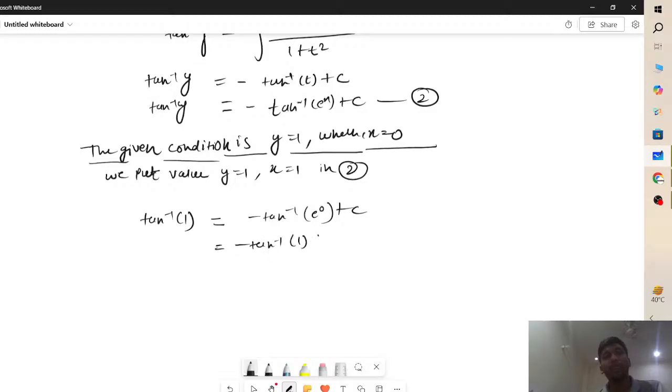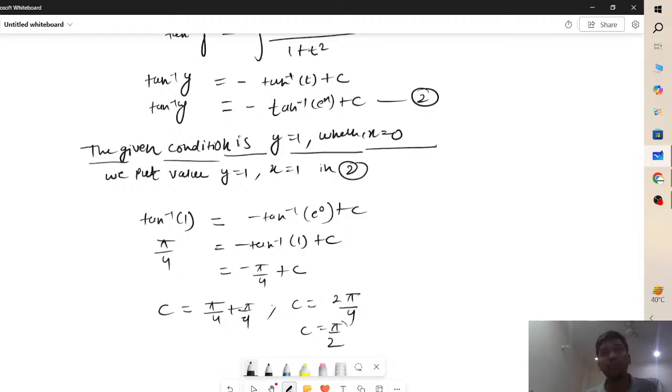Again tan inverse 1. It is pi by 4. Done. And this is also pi by 4 plus c. So c can be written as pi by 4 plus pi by 4, which is 2 times pi by 4, and c is pi by 2. So what we get? The value of c is pi by 2.